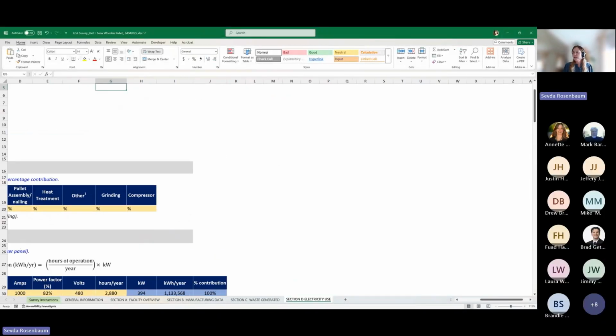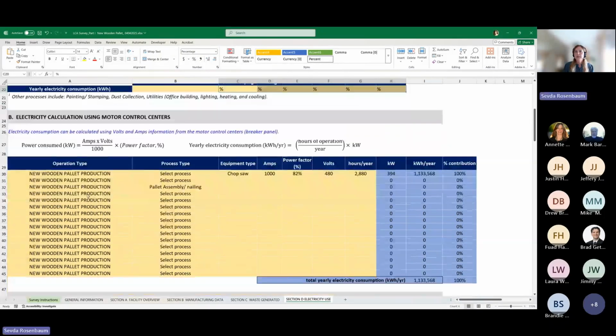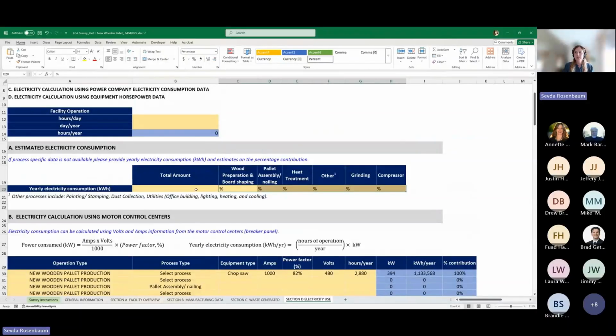So the first one is simply reaching out to your supplier or looking at the utility bills and providing the total amount of electricity consumed at the facility for year 2024 and provide estimation on the percentage used at different processes. And this is basically the primary data and your estimation on percent at each process.